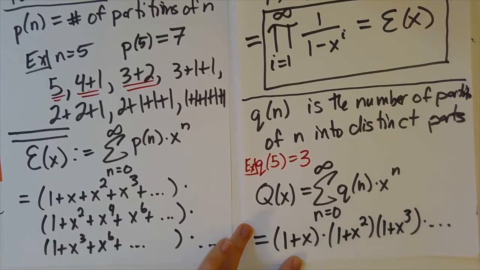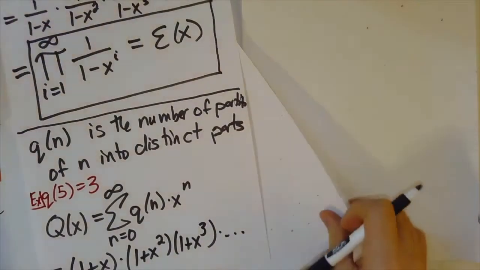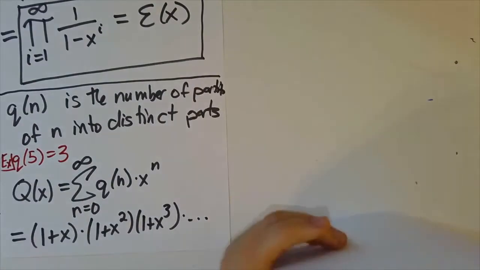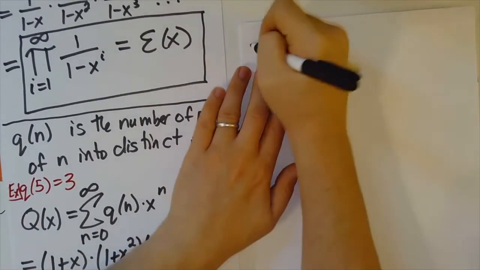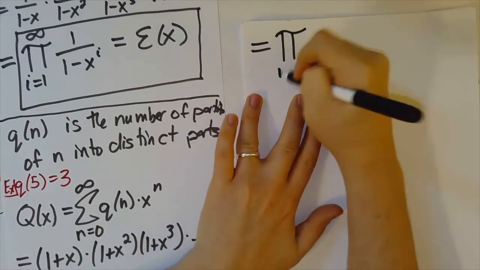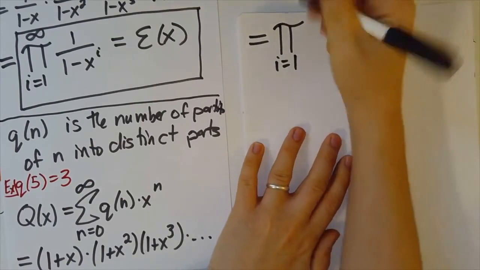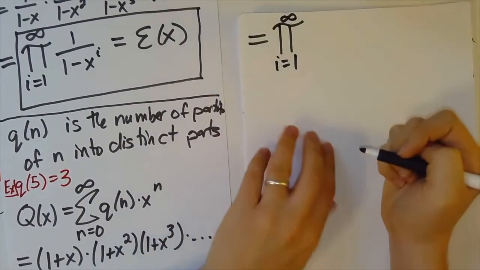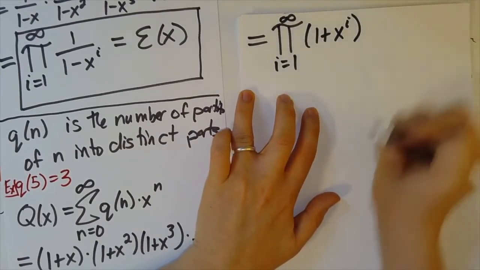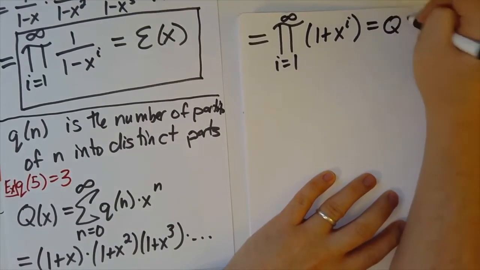And so on down the line. Okay, and so that's just going to be, at the end of the day, the product as i goes from 1 to infinity of 1 plus x to the i. And that is my Q of x.